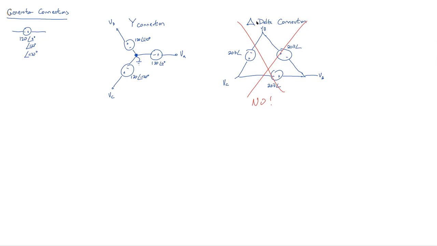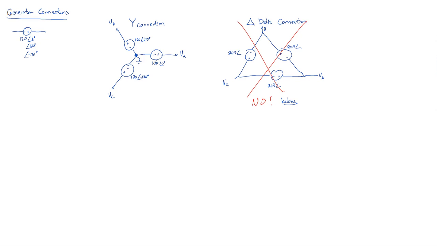in practice, for generators, we only use Y connections. We never use delta connections. And the reason for that has to do with balance. If these 3 voltages aren't exactly the same, for a Y connection, everything still works fine.